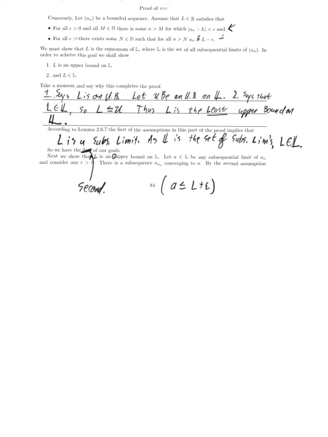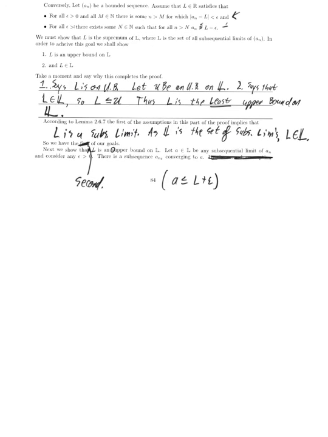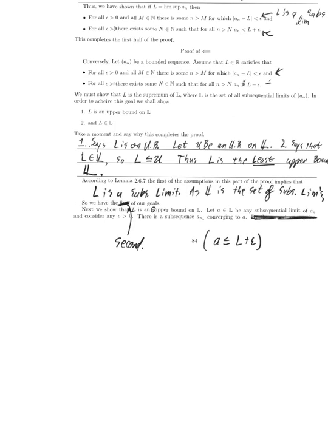So there's a subsequence A sub n sub k which converges to A. Let's look at the two assumptions. Let's call this assumption B. By assumption B, I fixed an epsilon and assumption B holds for every epsilon bigger than 0.